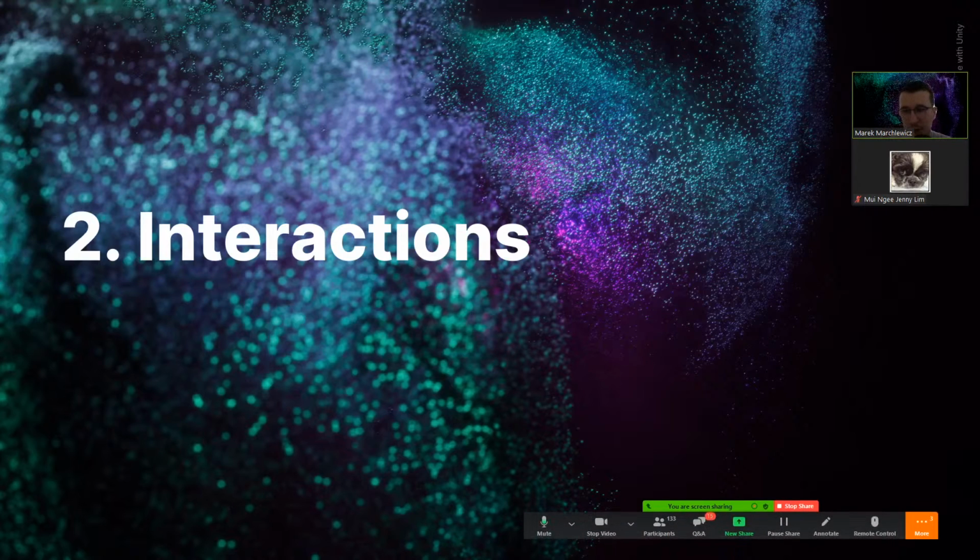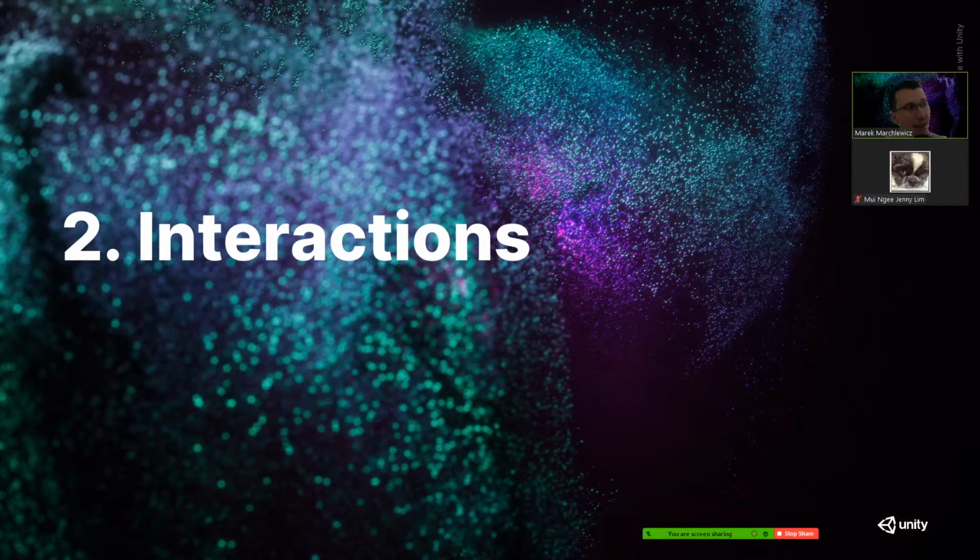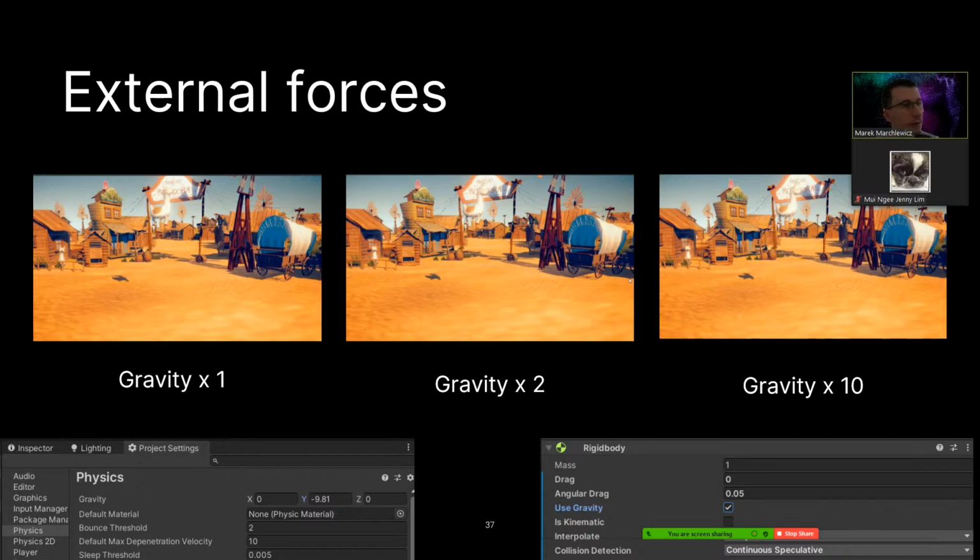If we keep our physical world just as it is and we don't add any external forces, this would be very uninteresting to our users, right? We need to add some sort of interactions, or maybe some external forces, to move our rigid bodies in a scene. The first such external force that we have enabled by default is the gravity.